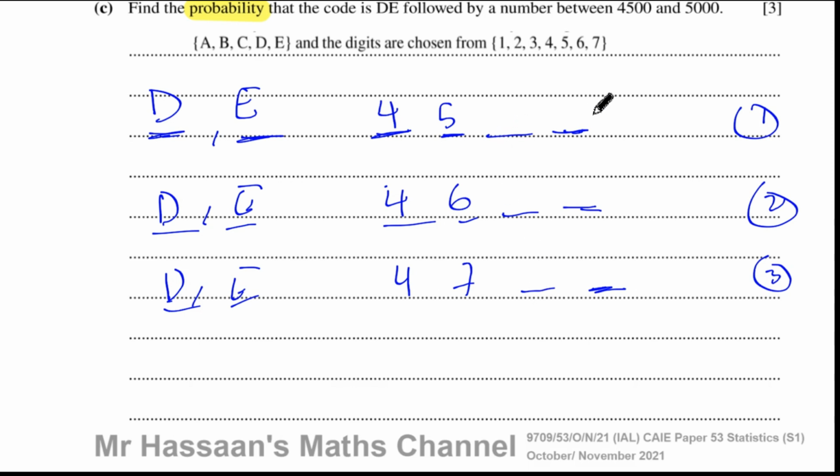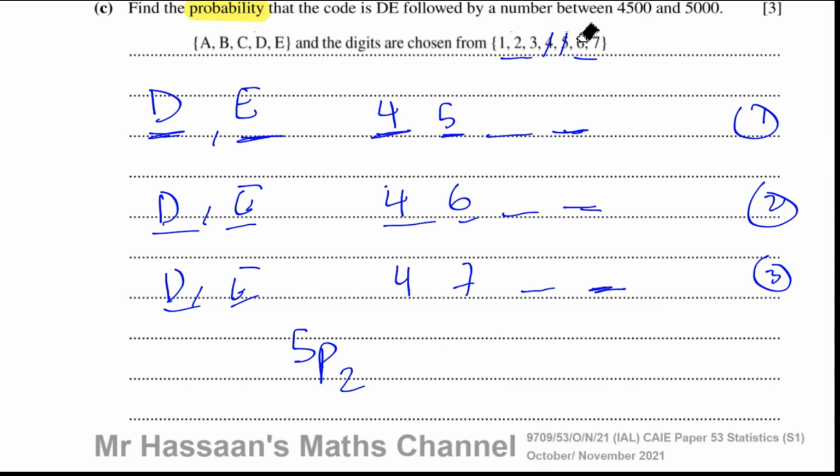In each of these cases, we have the 4 gone and one of the other numbers gone. So here, the 4 and 5 are gone, leaving us with how many numbers to choose from? 1, 2, 3, 4, 5. We have 5 numbers to choose from. So you're going to have 5P2, as we've got 2 numbers to choose from those 5.